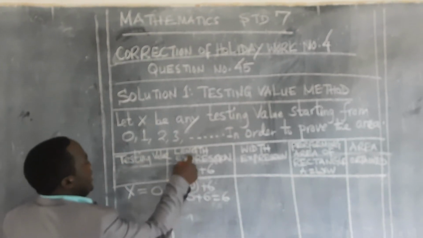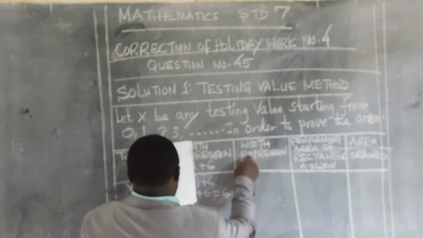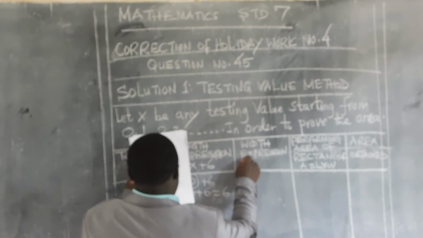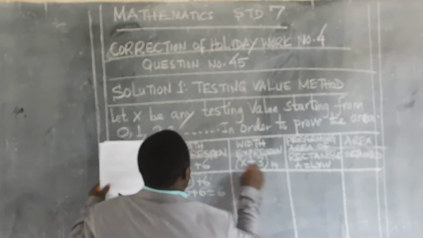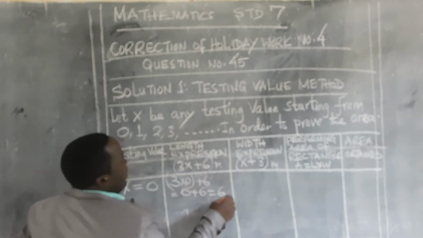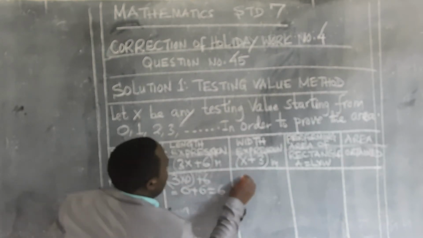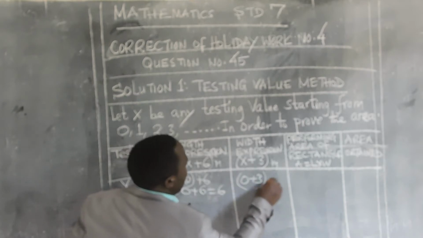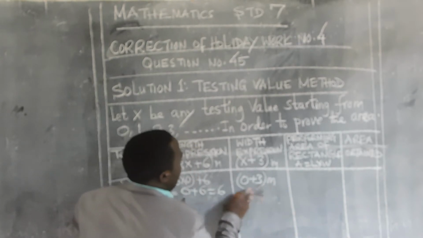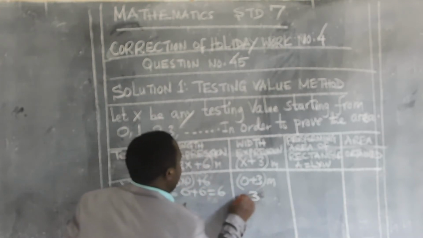So the length here is 6. The width was given as x plus 3 meters. So let us assume x is 0: we take 0 plus 3, and you get 3.